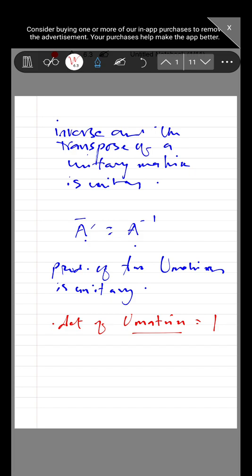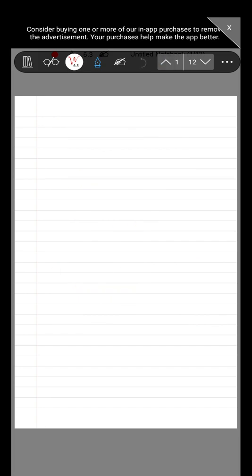Now based upon this unitary matrix, we have something called a unitary transformation.